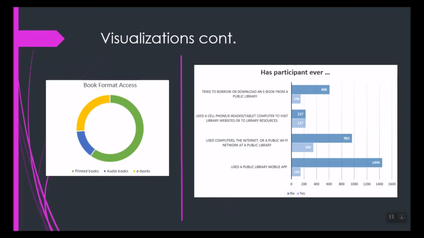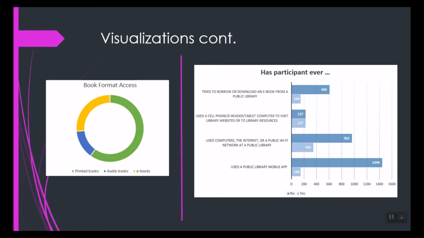And then to answer the other questions, if participants prefer traditional or more advanced technology resources, we have here book format access, which shows us that most people still prefer to rent printed books from libraries rather than the more technologically advanced version, which is the ebook.